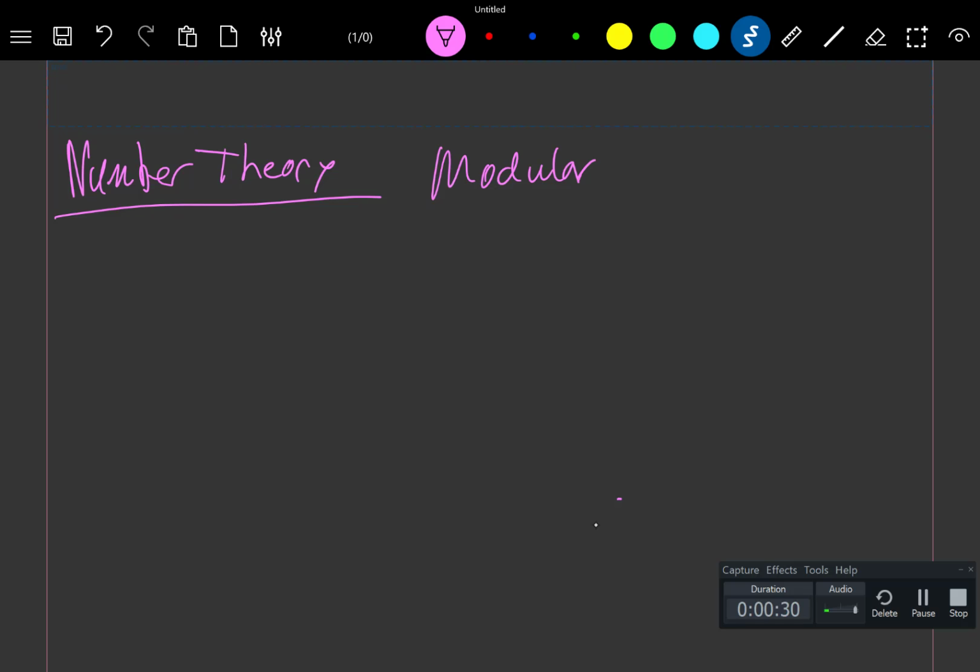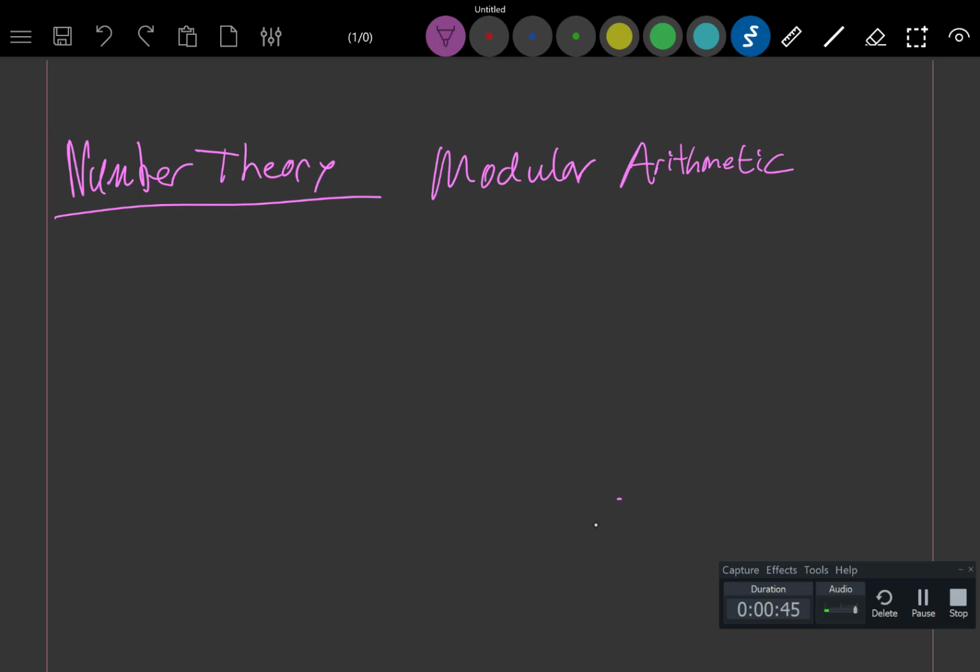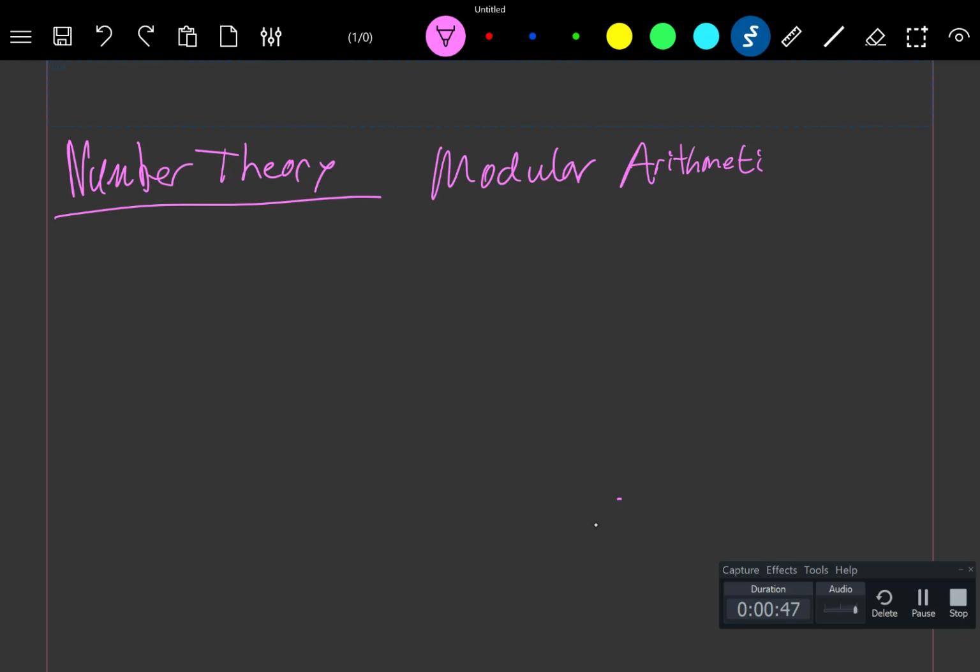Today I'm going to be talking about modular arithmetic. I think I'll just define it and give some examples, and it should be good.